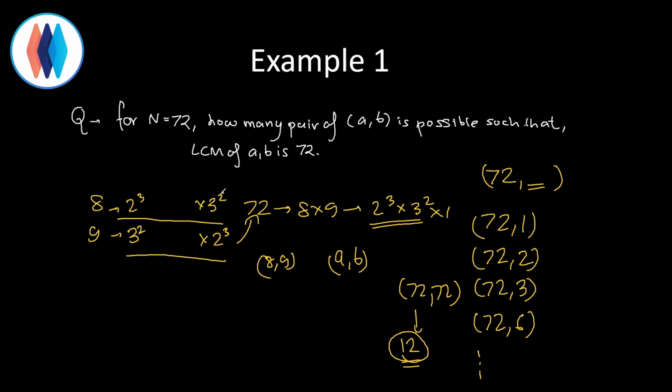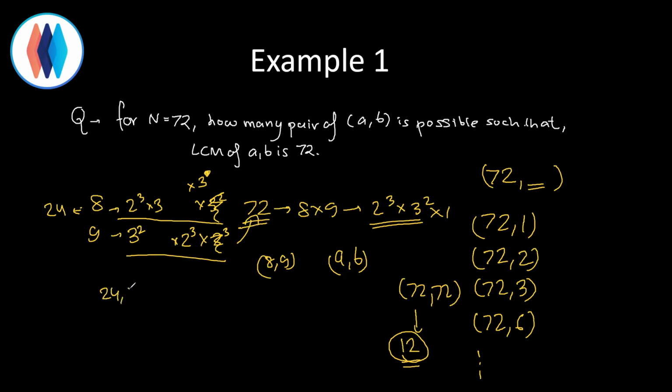But other than these multiples, if I multiply this by 3, I will have 24. Okay. So to reach the lowest common multiple, now I have to either multiply this by 3 to the power 2, so that I have 3 to the power 2 common, or multiply this by 2 to the power 3, which again results in 72.